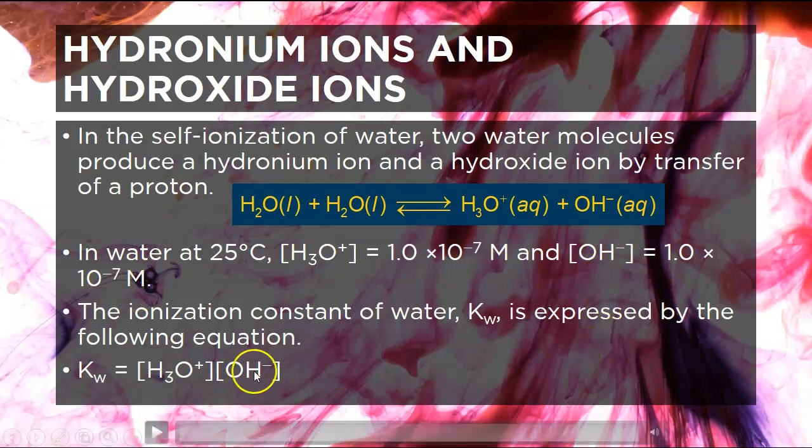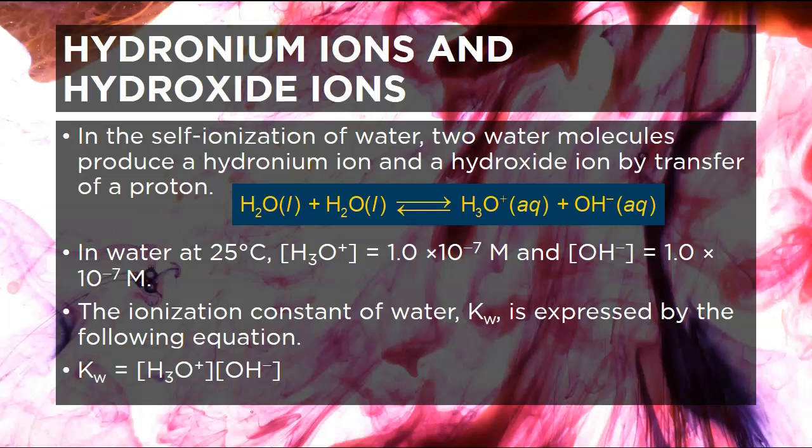So we have a constant called Kw that if we multiply those two numbers together, it's always going to give us the same number. So for water specifically, if I take 1.0 times 10 to the negative 7th times 1.0 times 10 to the negative 7th, that gives me Kw. Does anybody know what that would be?